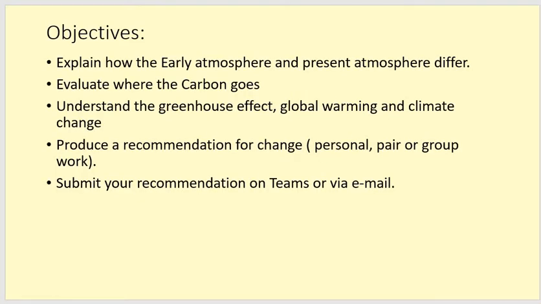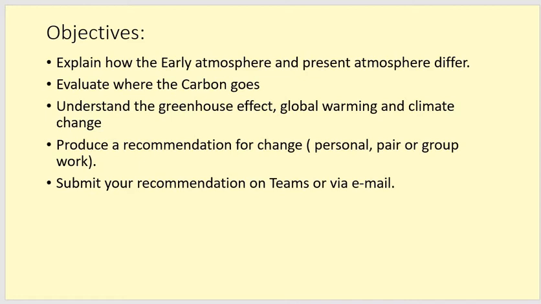So, next one now. You have got 5 objectives for this week. Not too tricky. First, we're going to be explaining, so that means giving a reason, how the early atmosphere and the present atmosphere differ. You're going to evaluate where the carbon goes, find out more about that later on, understand the greenhouse effect, global warming and climate change, produce a recommendation for change.